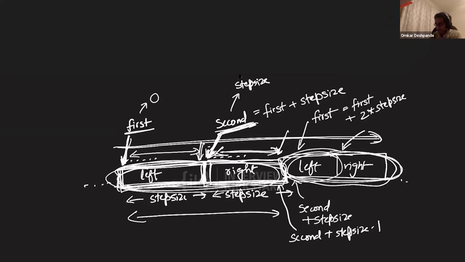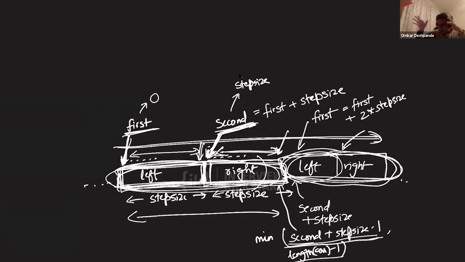unless the length of the array is less than that. That means unless this value lies beyond the length of the array and the right subarray is actually shorter than step size. So in that case, we would just again have a min of this and n minus 1 or length of array minus 1. Whatever the min of these two is, that's going to be the rightmost index. So leftmost index is first, rightmost index is this.